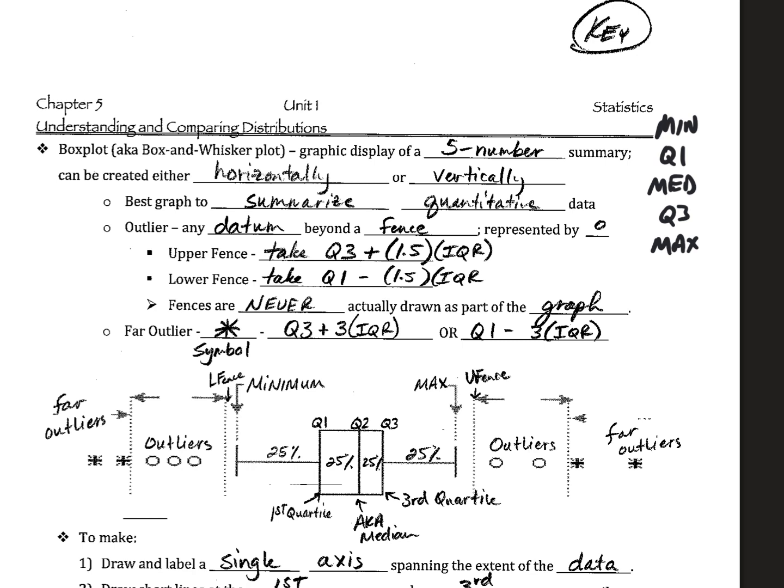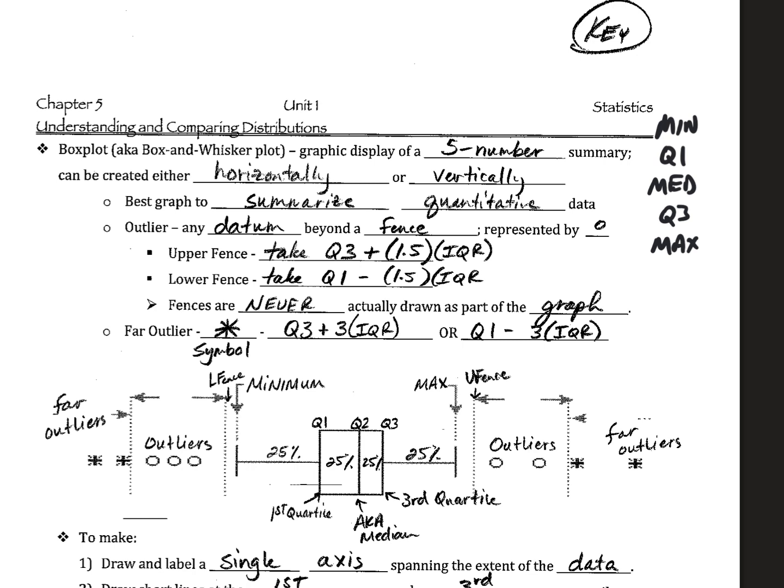Okay, so let's start with box and whisker plots. A box plot, again, is essentially a graphic display of the 5-number summary. If you remember, this over here is your 5-number summary: the minimum, the Q1, the median, the Q3, and the max values. And again, you find those 5 values by plugging your numbers into your calculator and going to stat, right to calculate, and down to number one, variable statistics.